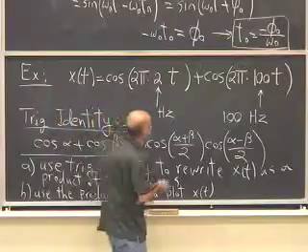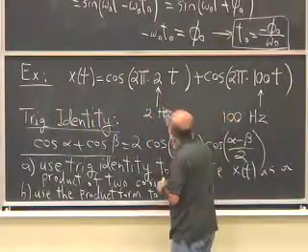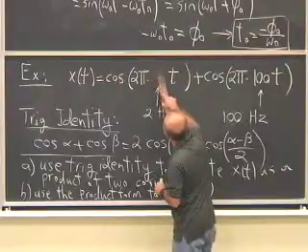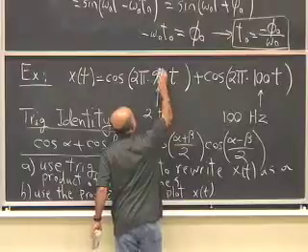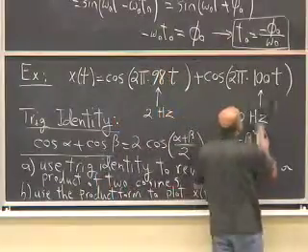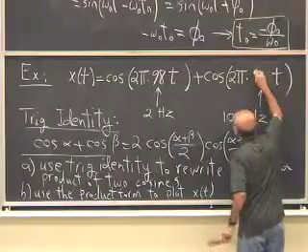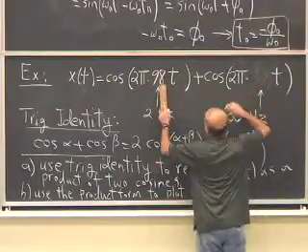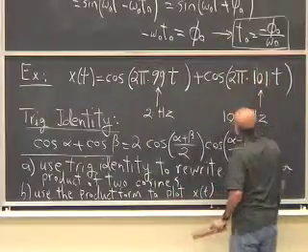And that's how I realized there's a bug in this problem. So what we need in this one is to change that to 98 and change that to, we can keep it 99 and 101.